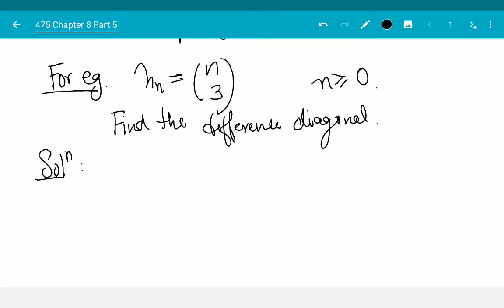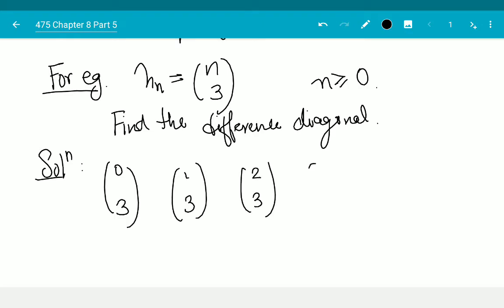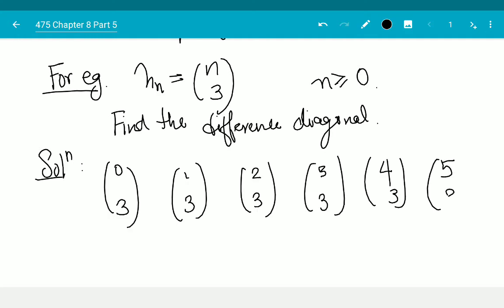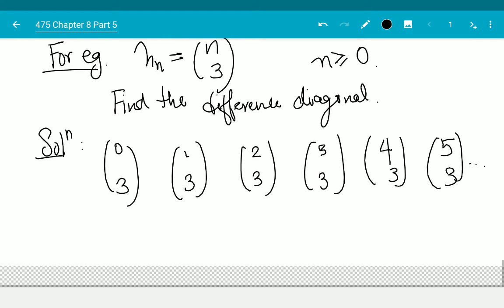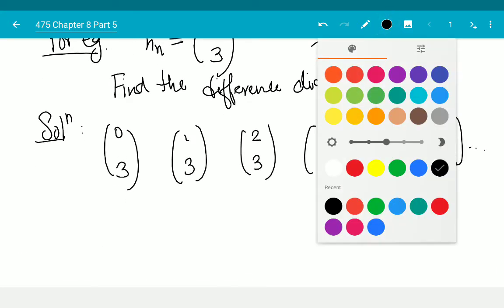Well, let us look at the difference table. 0 choose 3, 1 choose 3, 2 choose 3, 3 choose 3, 4 choose 3, 5 choose 3, and so on. I'm going to write in red what their values are.